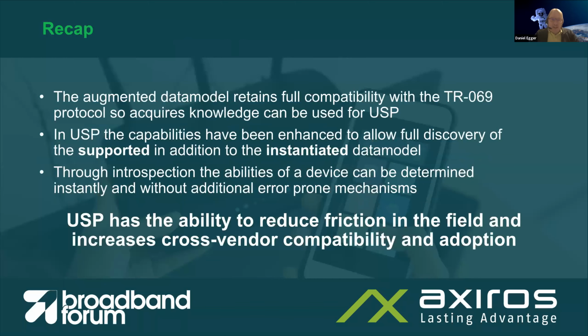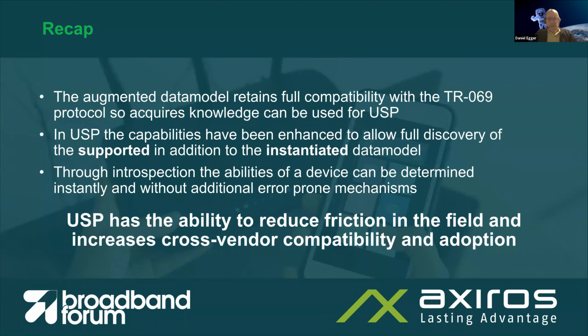So that basically brings us to the recap of this webinar. What we tried to do here is basically augment the data model in a way that retains full compatibility with TR69. So all the acquired knowledge that you've built up over the years with TR69 can be directly translated into USP.